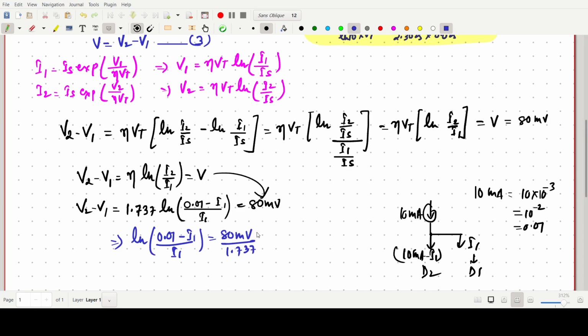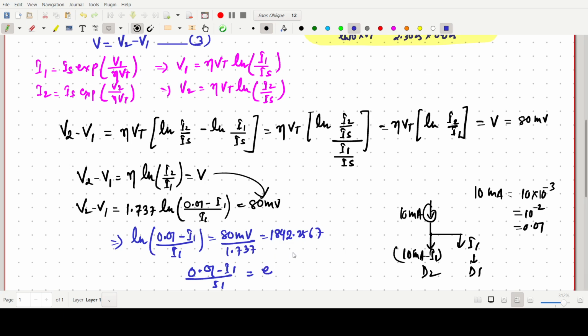If we solve 80 into 10 to the minus 3 by this, it will come around 184.2567.